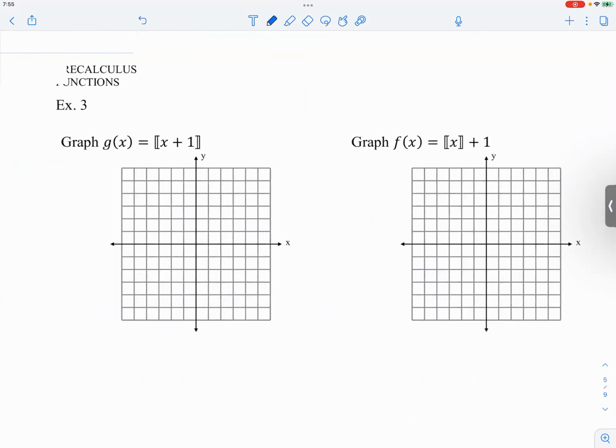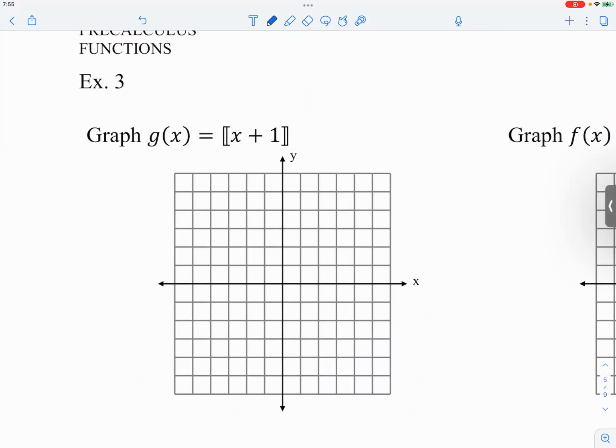Okay. Now let's see how well you retain your graphing knowledge from last year. Now, if you have a +1 right here inside, what does that mean? Which direction does the graph shift? To the left, okay? So inside it is +1, meaning that it's -1, in case you wonder why it is to the left.